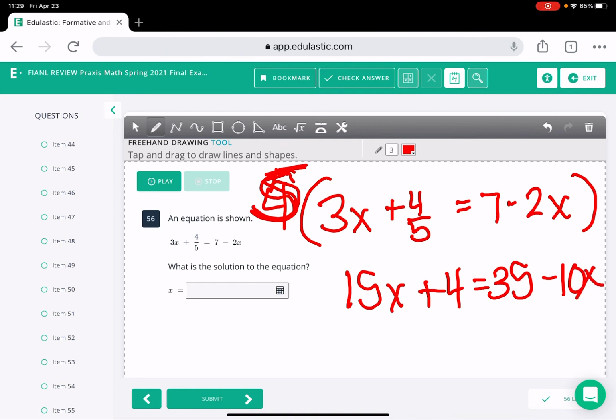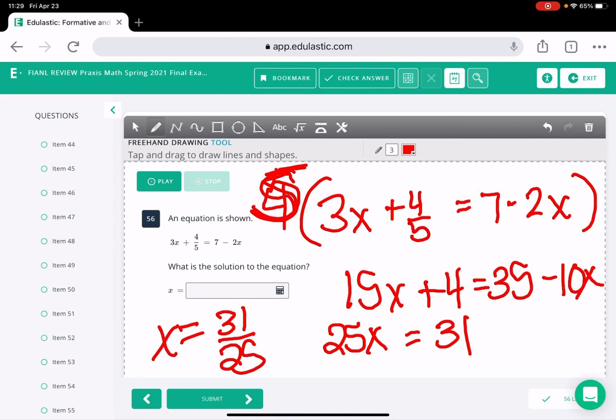I'm going to add 10x to both sides. I get 25x, and I'm going to subtract 4 from both sides, and I get 31. So x should be equal to 31 over 25.